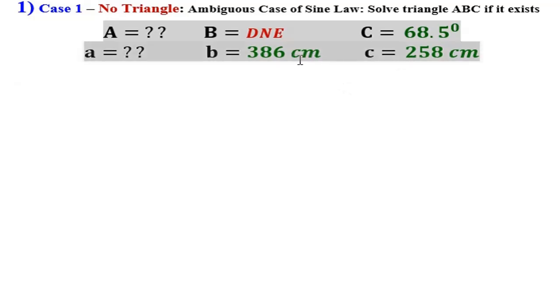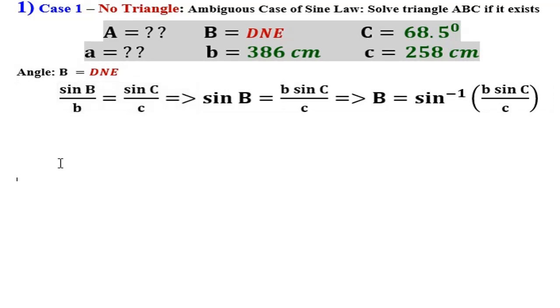Okay, case number one is no triangle. We're going to see this example first. We are given side C, angle C, and side B, and we're going to try to find angle B, angle A, and side A. Angle B we can find by sine B over B equals sine C over C, because side C and angle C are given, and side B is also given.